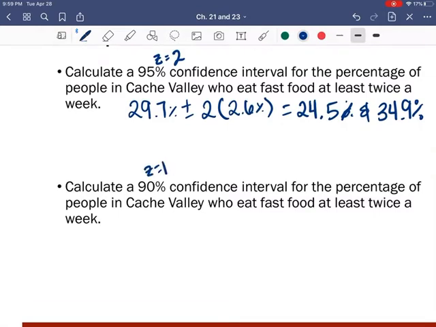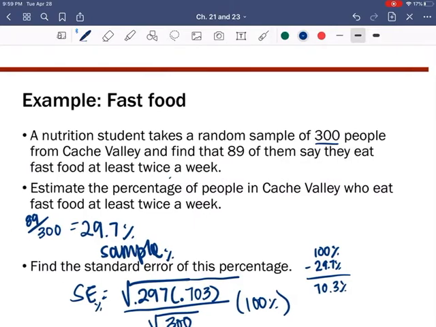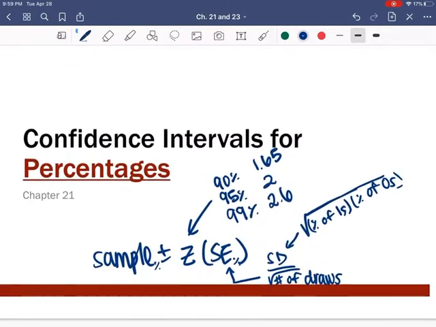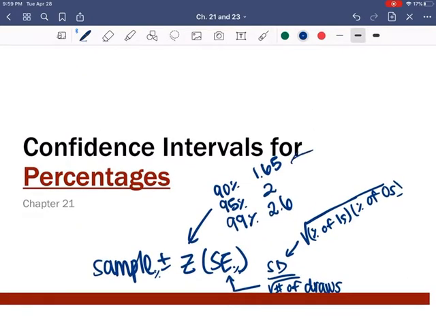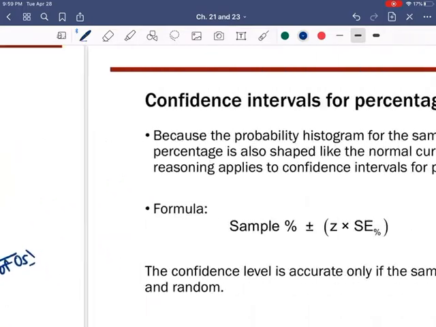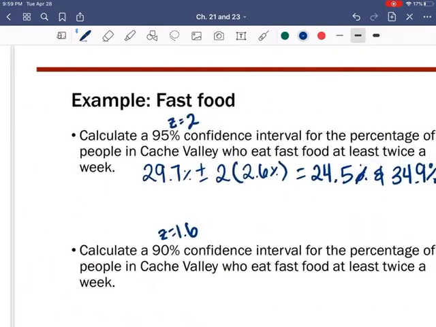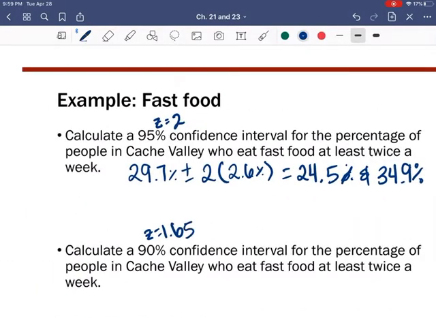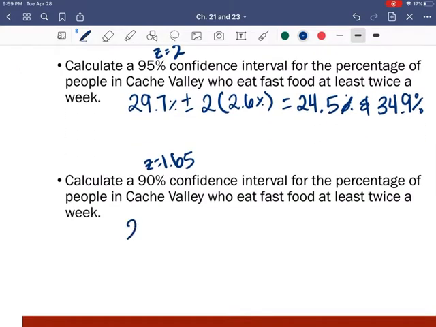For 90% confidence, the only thing that changes is now Z is going to be 1.65. If we look back, 90% is 1.65. Good thing I checked that, huh? So we'll do 29.7%, give or take 1.65 times 2.6.